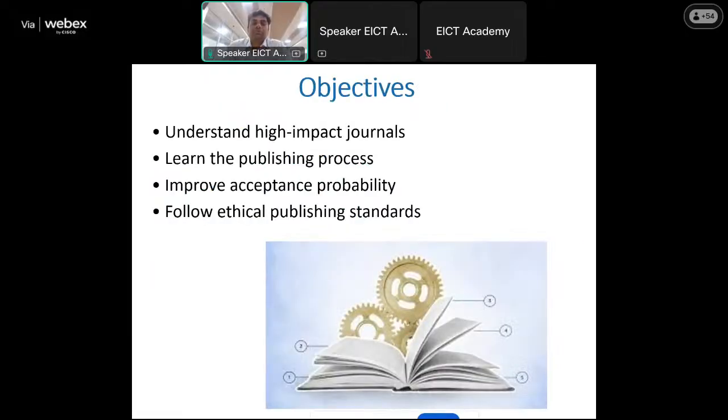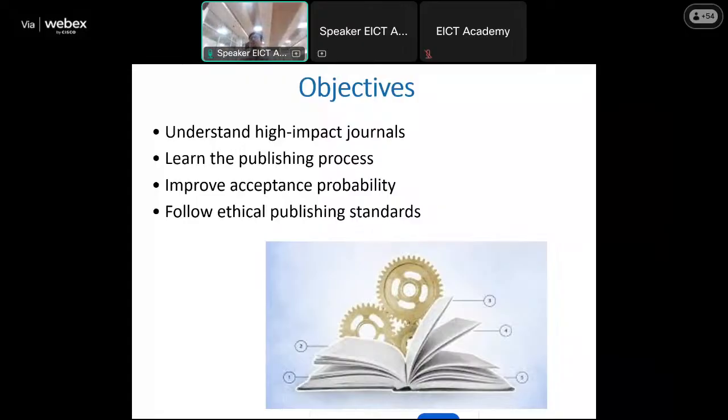Now what are the objectives? You need to understand high impact journal is a good one, so that you can choose. Learn the publishing process. Ultimately, whenever you think about publishing your article, first of all, according to me, you choose a journal and then you should start writing an article. Many times the students used to write down the article and then they will search for the possible venue.